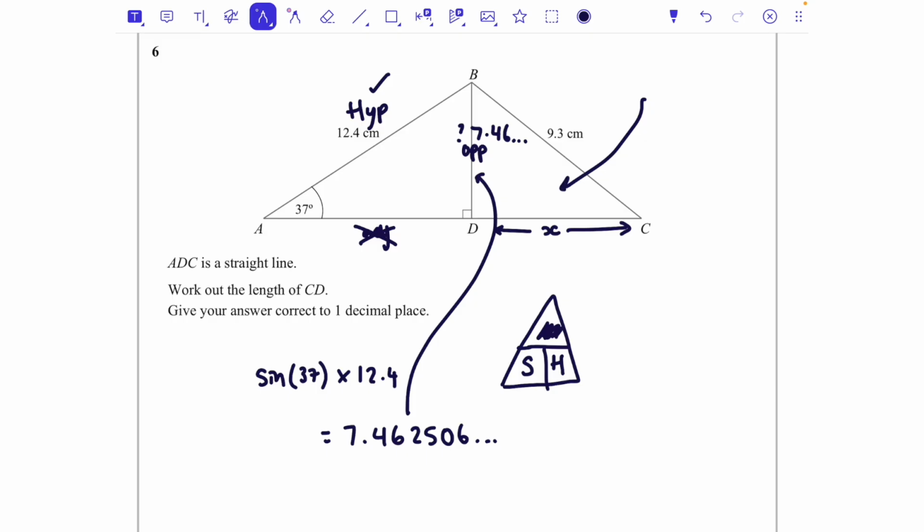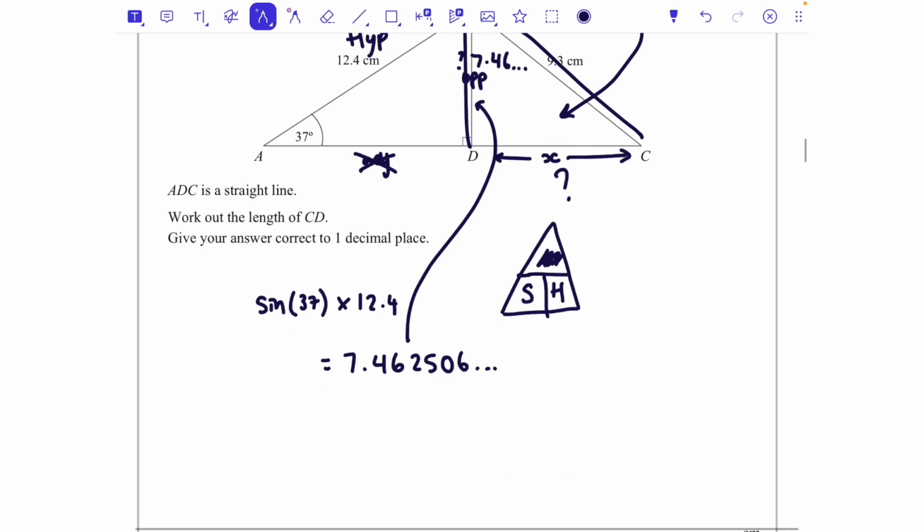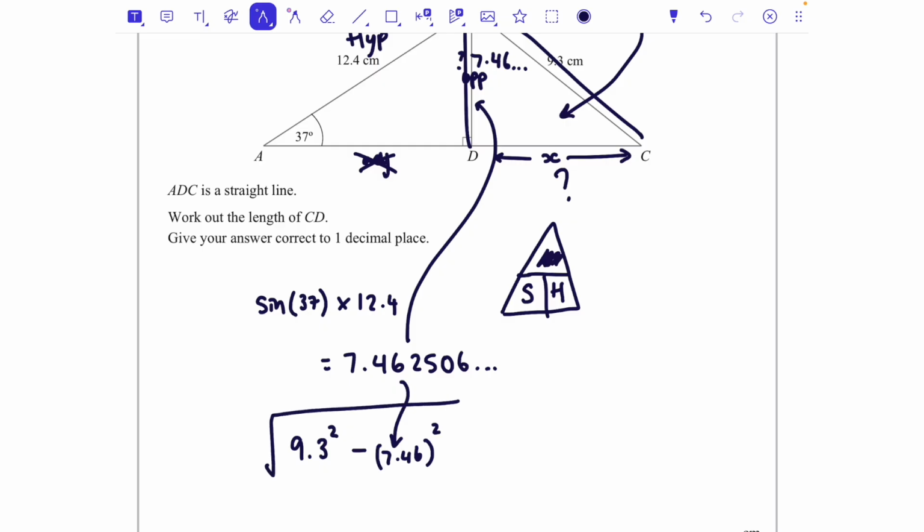Looking then at this triangle, I now know this side, and I want to know this side. So when you know two sides of a right angled triangle and you want to know the third side, that's going to be Pythagoras. So I'm going to do 9.3 squared, take away this value, 7.46 squared, and then I'm going to square root my answer. Now it's a subtract because you have the hypotenuse, you have the longest side.